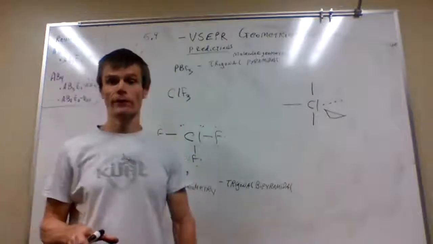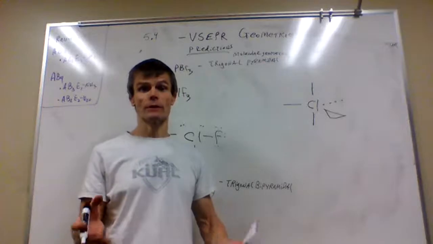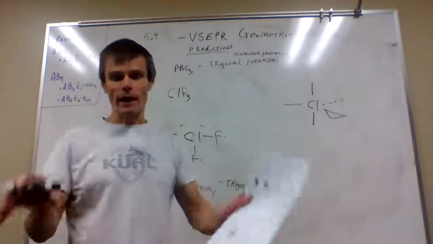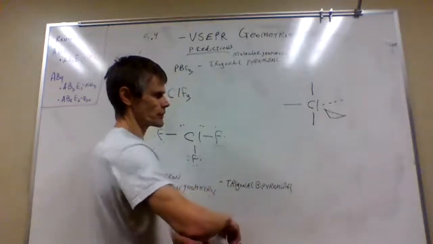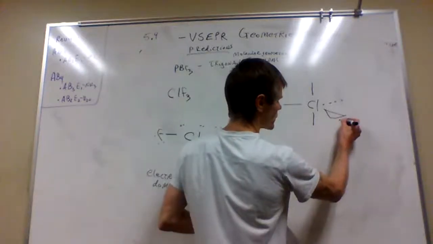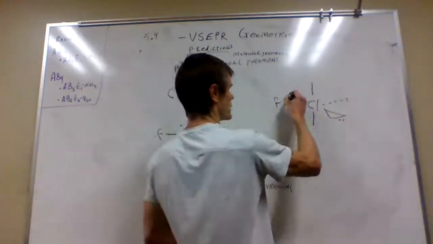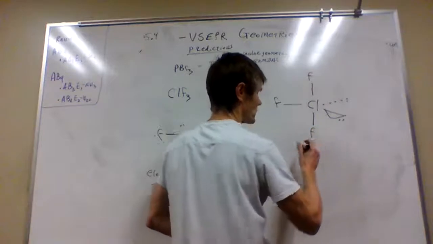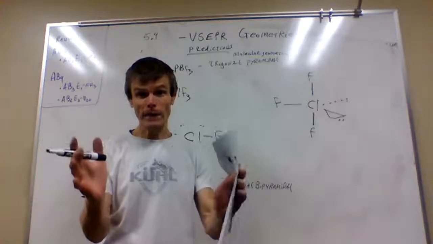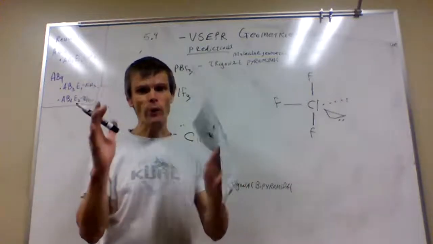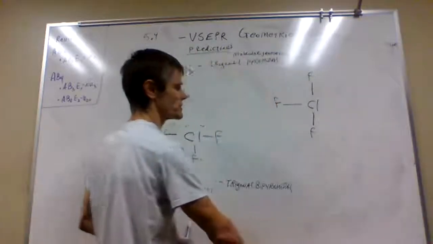Where do lone pairs of electrons want to be placed? The lone pairs of electrons want to be placed in equatorial positions. In other words, there's going to be a lone pair here and a lone pair there, and we're going to put our fluorine on the remaining positions. And then we're going to erase the lone pairs of electrons, because when we look at a molecular geometry, we don't want to focus on lone pairs of electrons. We want to focus on the atoms.